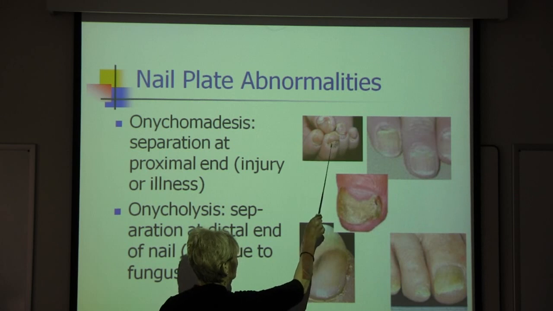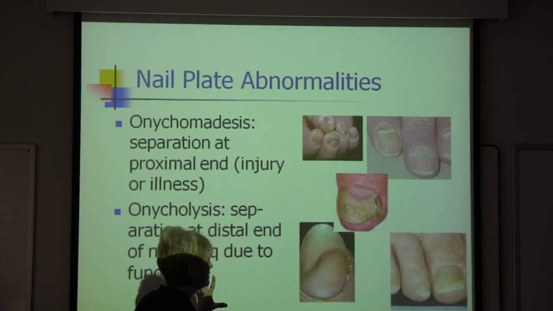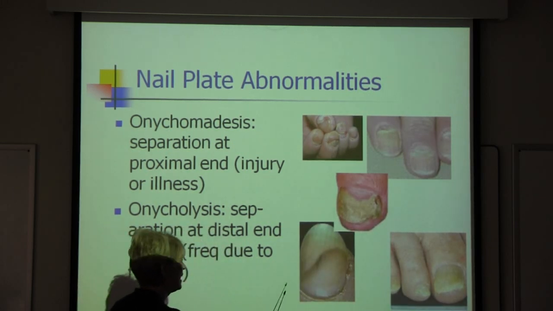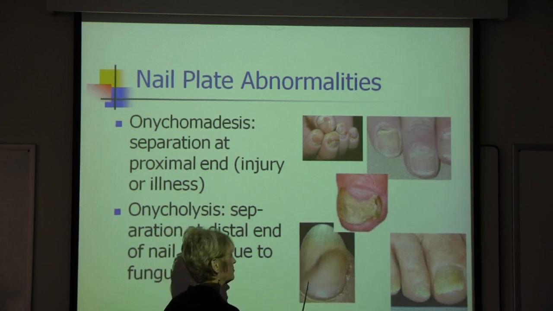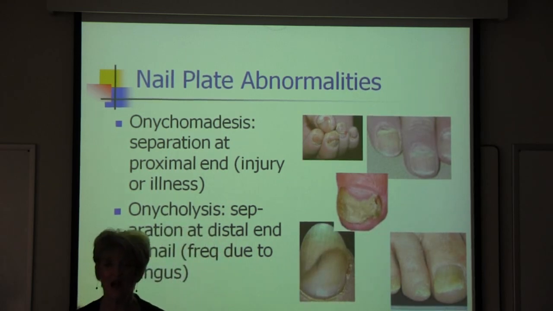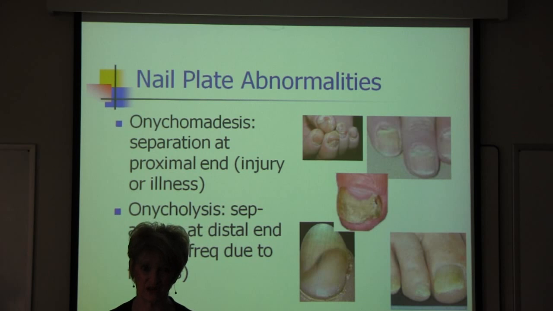So you've got the cuticle and the nail is lifted. Not seen so much. Onycholysis is seen a lot because that's very common with a fungal infection. Fungus breaks down the bonds between the nail bed and the nail plate.